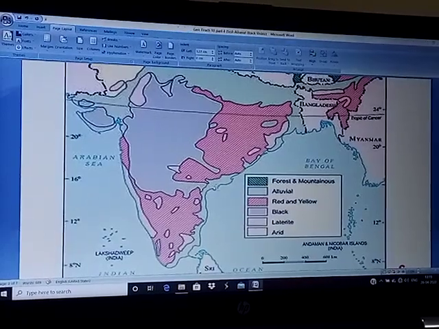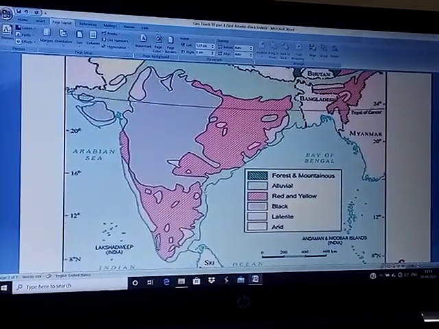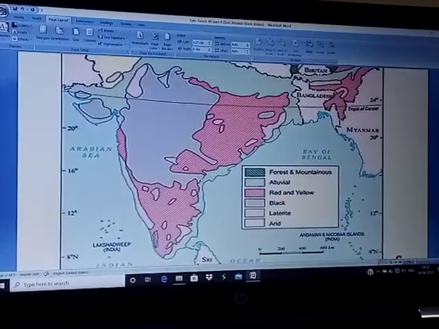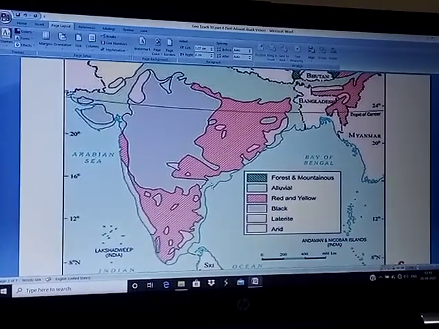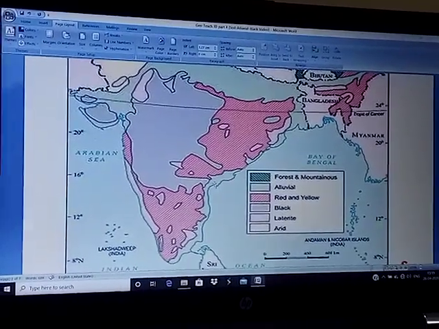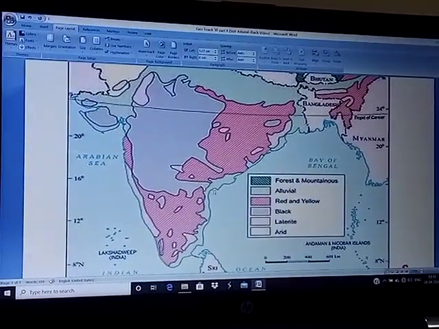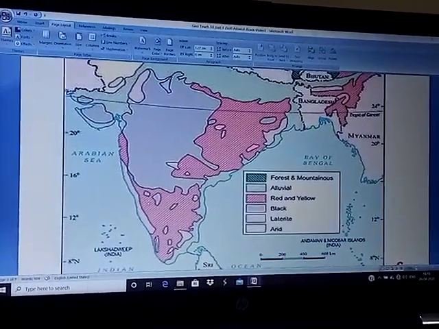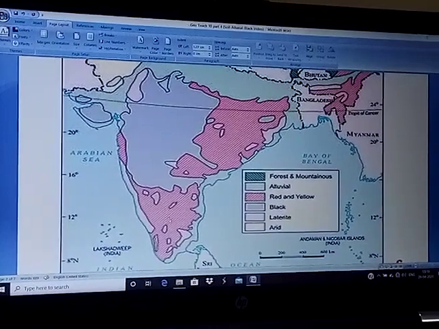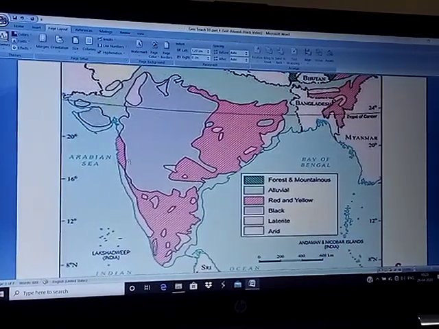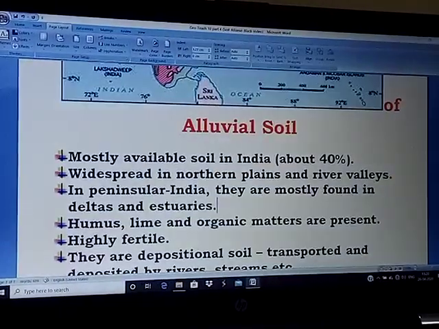In the deltaic regions, and estuary means when the river meets the sea, there is a widespread mouth of the river, that is called the delta. Estuary areas are found in the peninsula, but not inside, only around these areas. These are the mouths and the estuaries of some rivers.